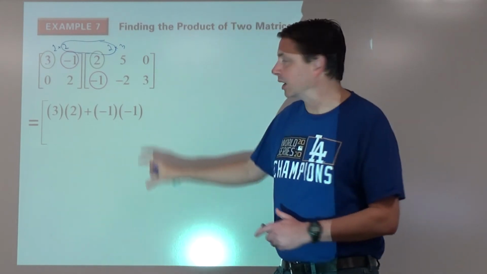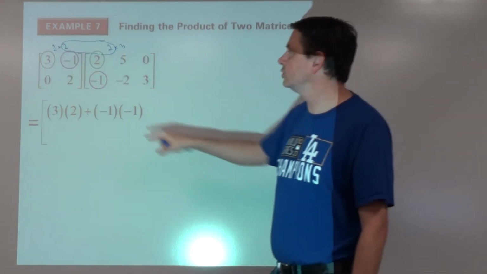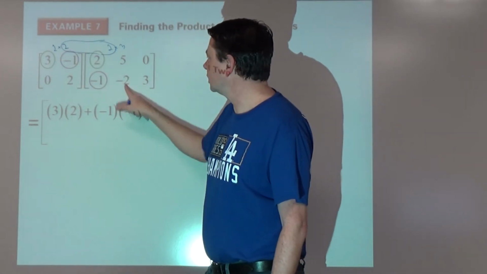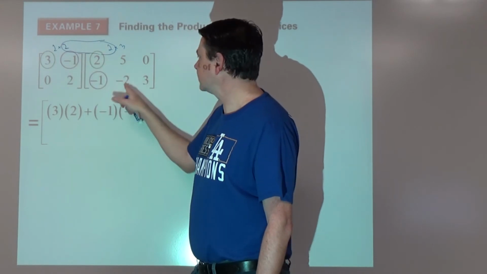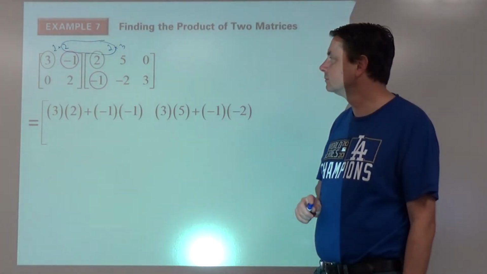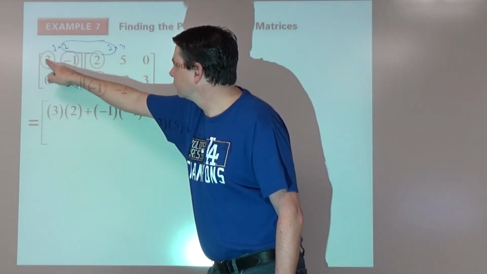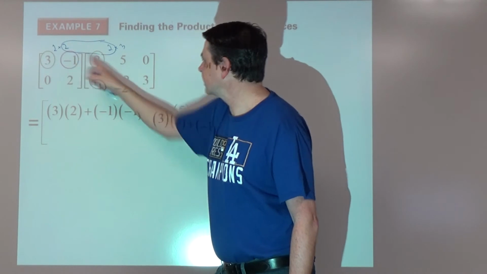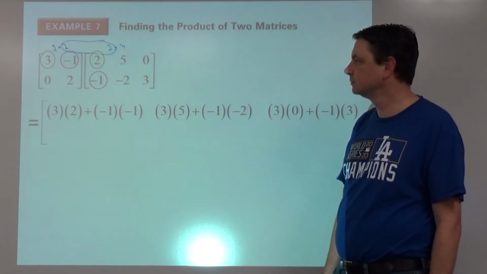It doesn't really matter, but I'm going to proceed across and now do row 1, column 2. First times first, second times second, add them together. Row 1, column 3. First times first, second times second, add them together.